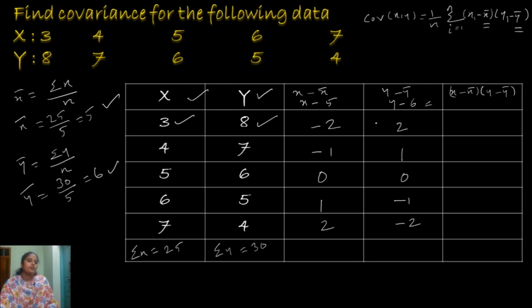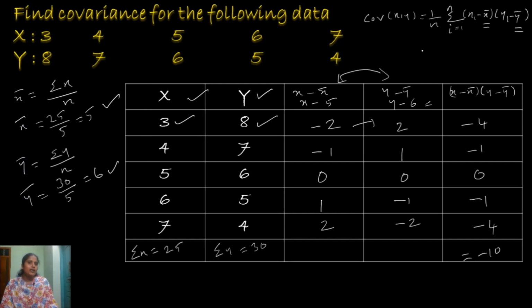And now let me make a product of these two. Minus 2 multiplied with 2, we get minus 4, minus 1 with 1 we get minus 1, 0, minus 1 and minus 4. If you add all these values, you get the total as minus 10.